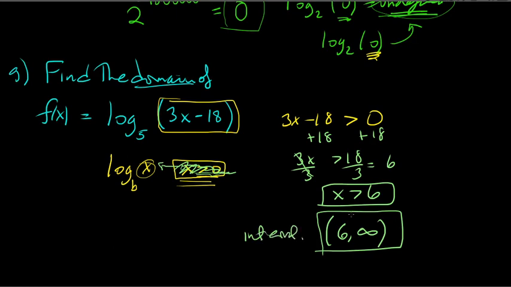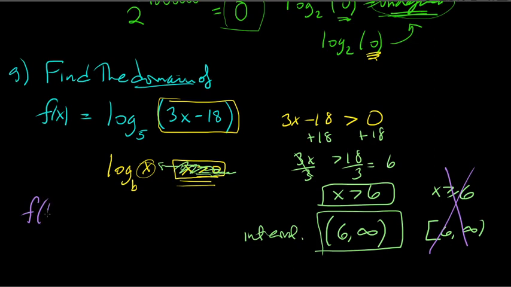Again, no bracket, because remember if you use a bracket at 6, that's the same thing as saying x is greater than or equal to 6. But we just said we don't want this equal here. So be careful you don't put a bracket, because that would be incorrect. We don't want it equal to 6 here.